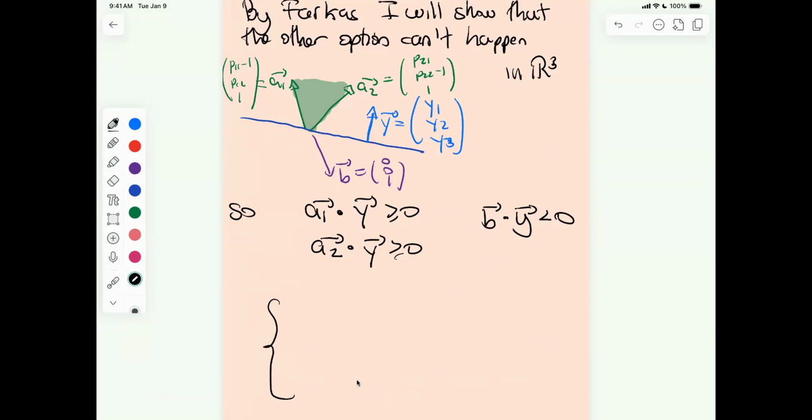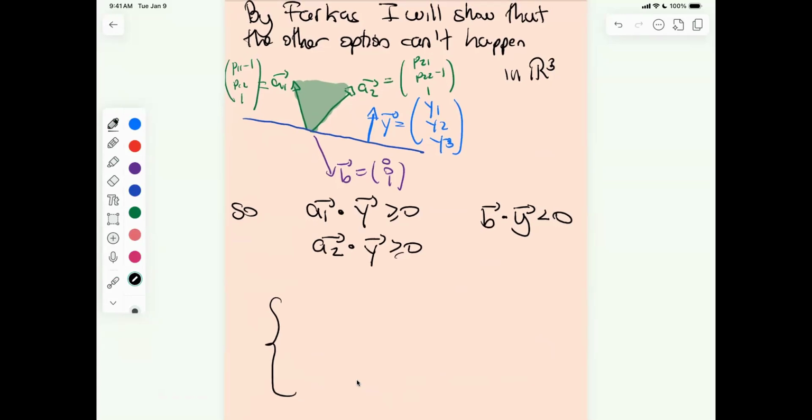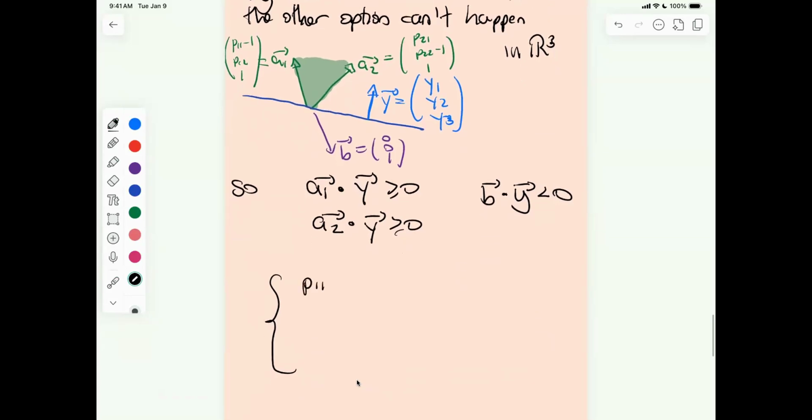So the cone kind of opens, but that's okay. The first dot product gives you (P11 minus 1) times Y1 plus P12 times Y2 plus Y3, so that has to be greater or equal to 0.